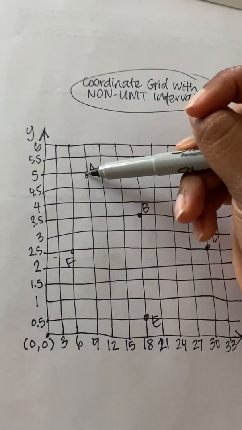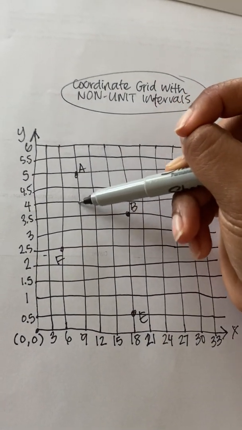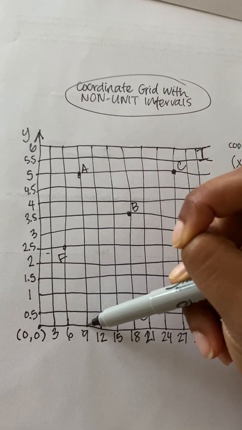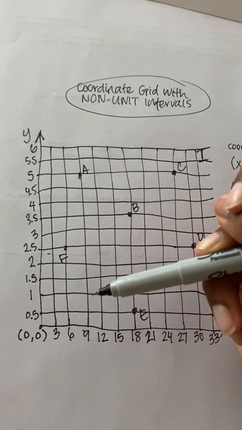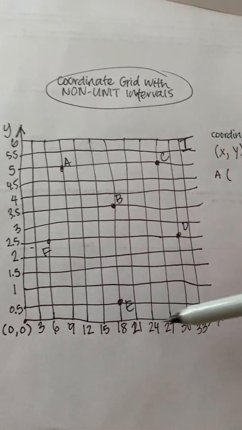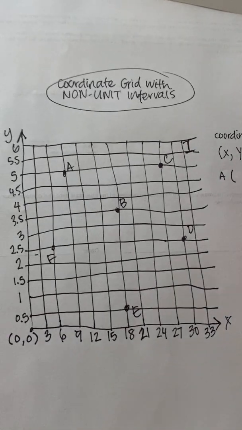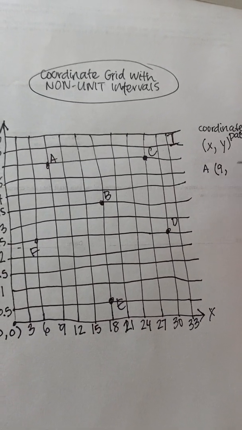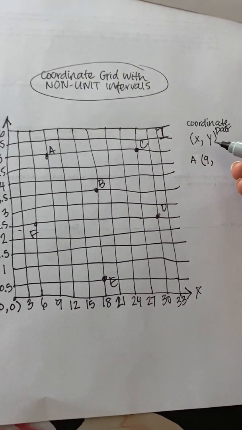Well, I can go to my A, follow the line all the way down towards the x-axis and see what number it falls on. It falls on the number 9. That means that this 9 is my x coordinate. So I'm going to write a 9 there, comma.